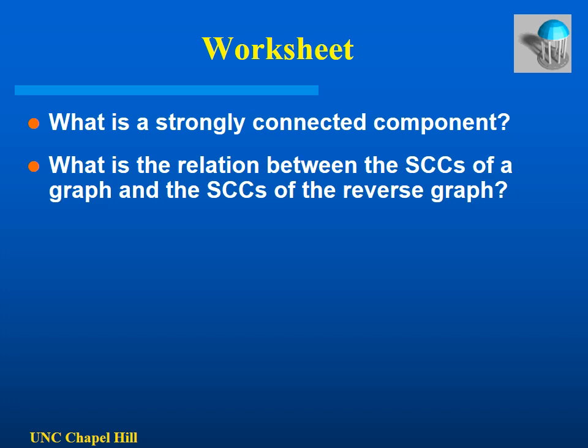We now present a worksheet that the students need to answer and turn in by the time of the exercises that will include strongly connected components, which will take place likely on Thursday, the 2nd, I guess, of November.